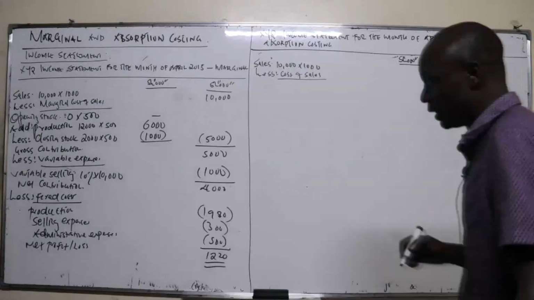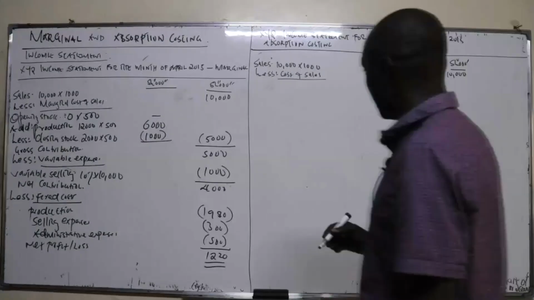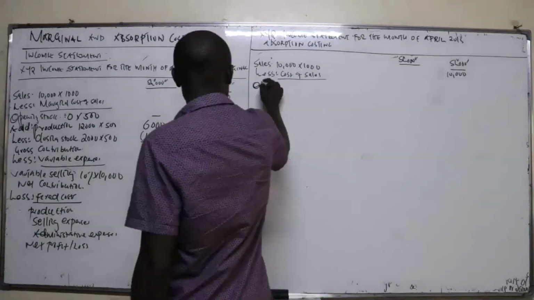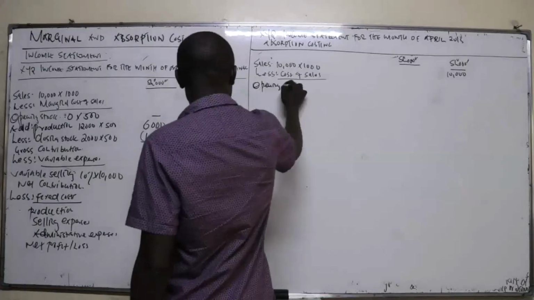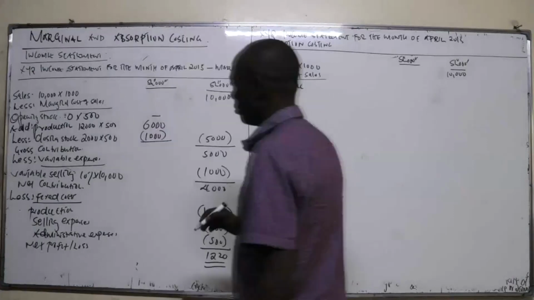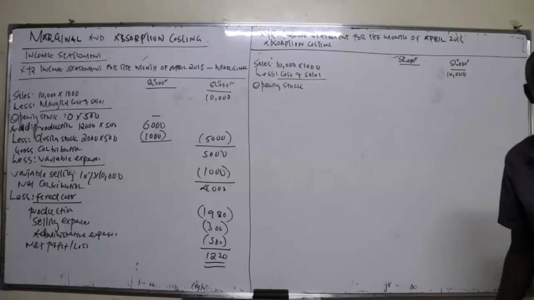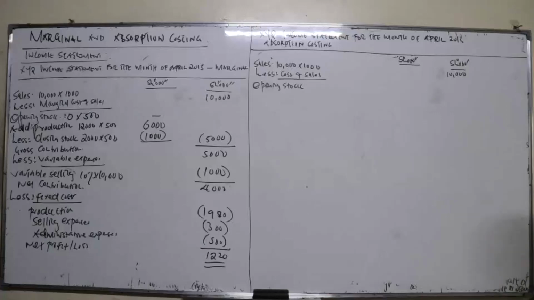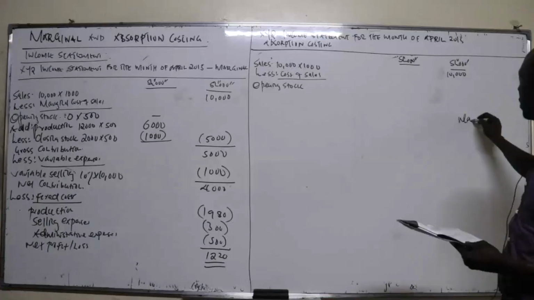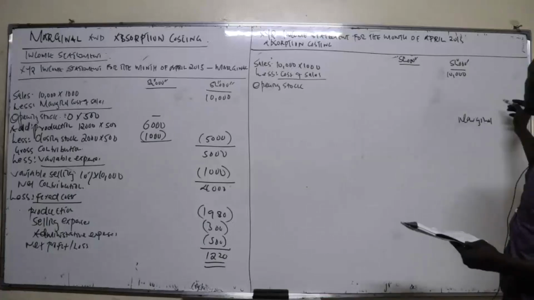So we start with the opening stock. Now, we had no opening stock units, but supposing they were there, how do you value them? You value them based on the total production cost. So the marginal production cost was 500 per unit. And then we add fixed production cost.